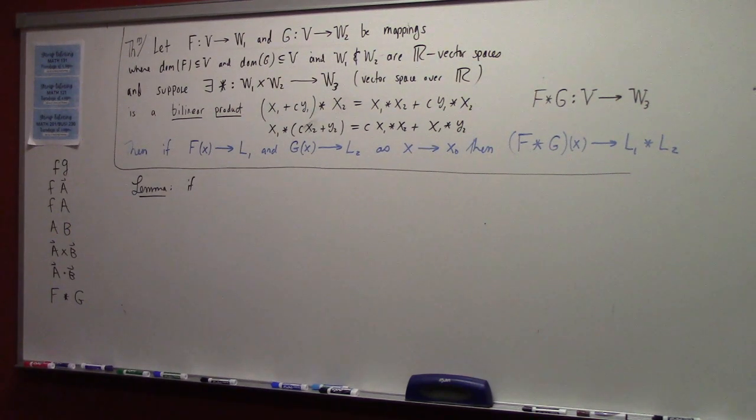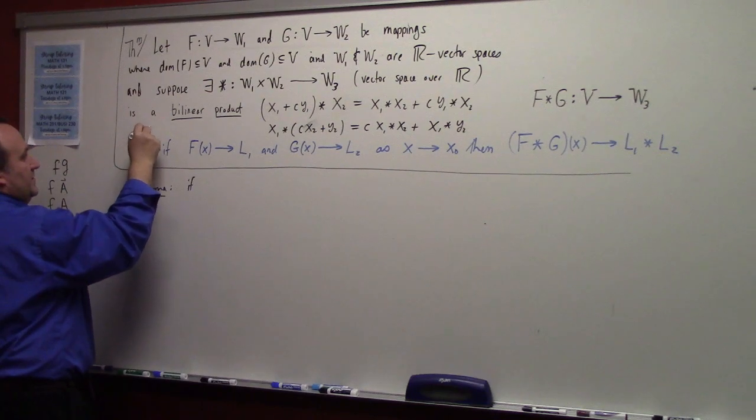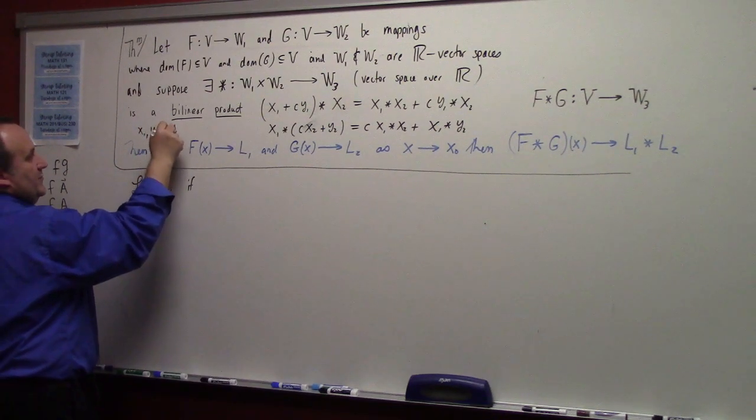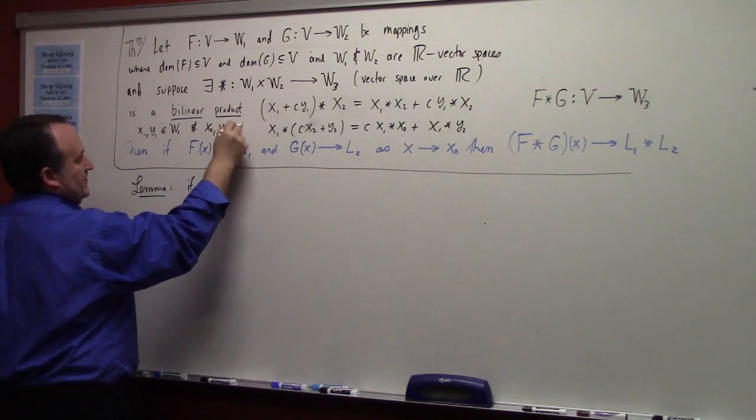Is it mapping from W1 across W2? Yeah. Because what's the input? So here like x1, y1 in W1, and x2, y2 in W2.